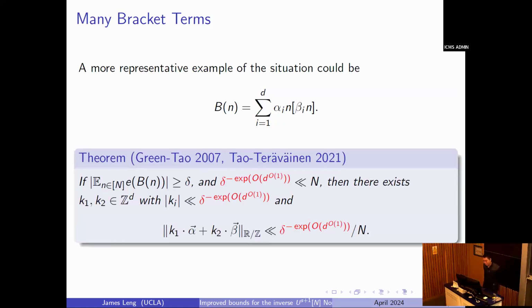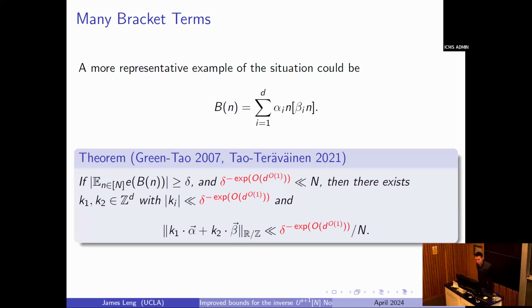That's previous literature, but maybe a more representative example of the situation would be if instead of a single bracket, we had a sum of d many brackets.